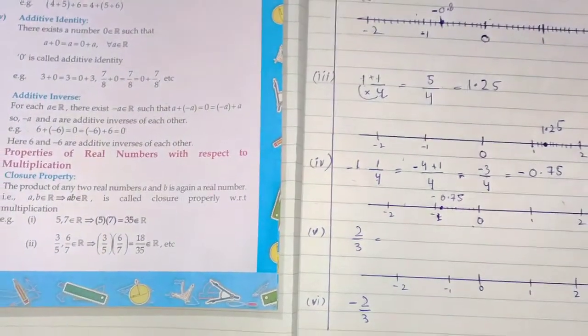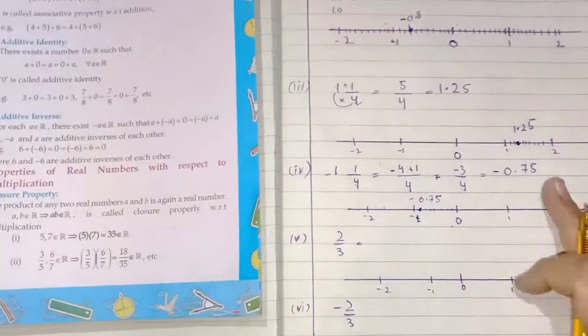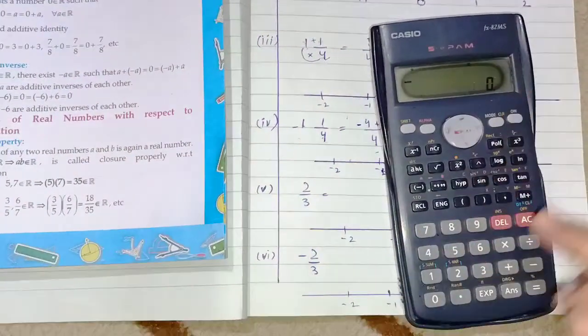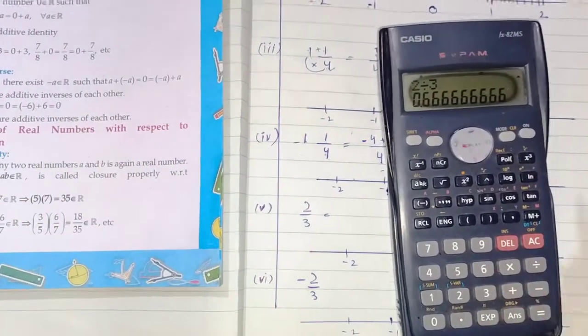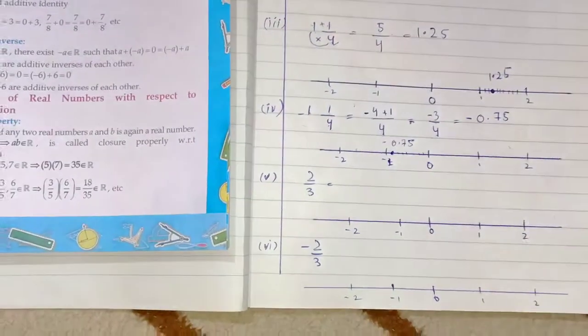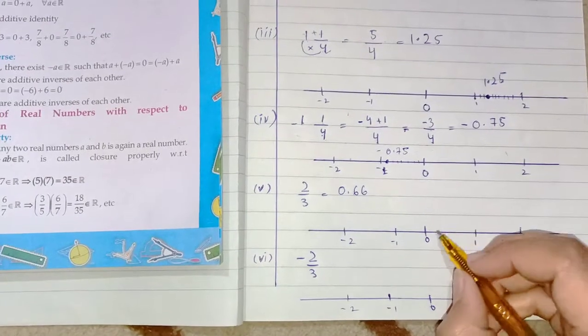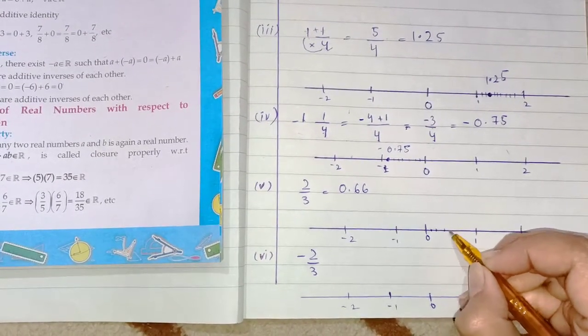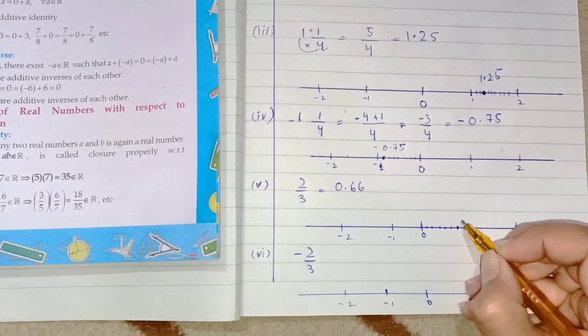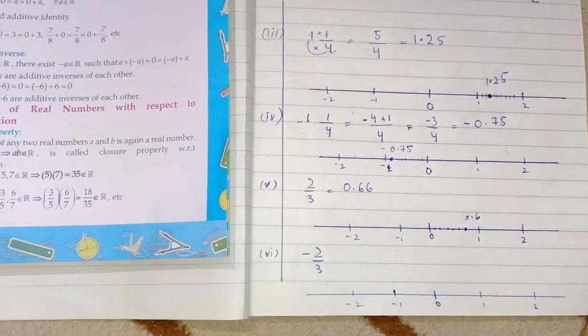0.75 minus. Now we have to solve 2 upon 3. Simple. 2 divided by 3 is 0.6666. So 0.66, we have to just simply mark 1 2 3 4 5 6, 0.6.